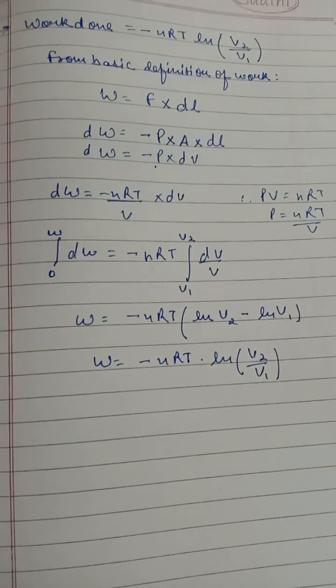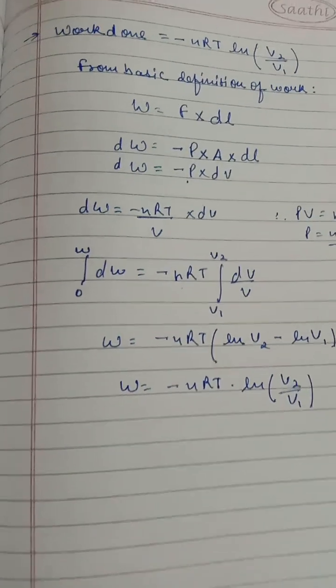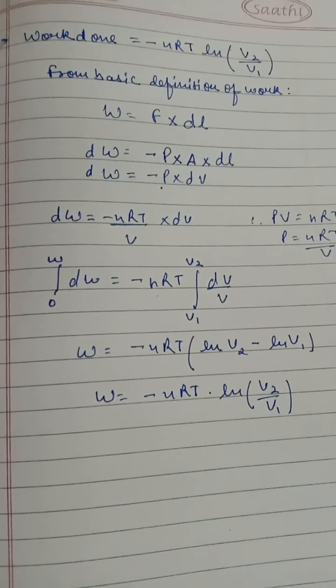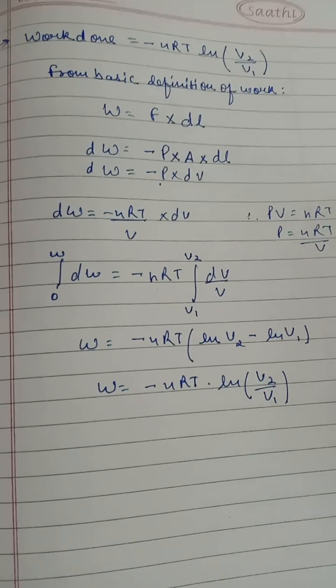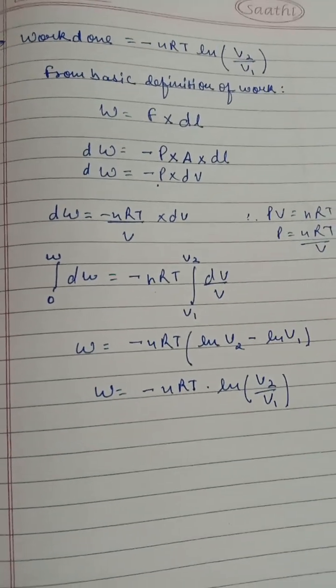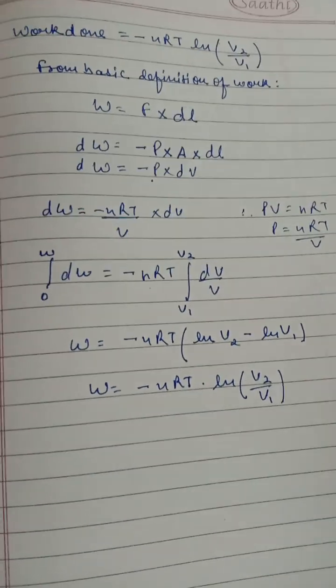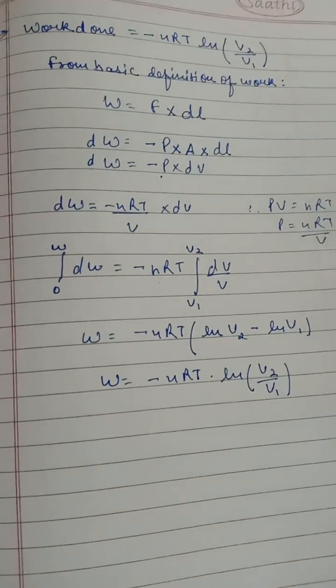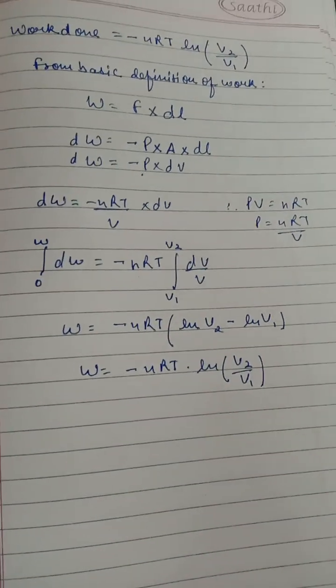So why have we put the minus sign? As we know, in thermodynamics according to chemistry, when work is done on the gas, the work done is positive, and when we don't do any work, the gas itself does the work, so the work done is negative.